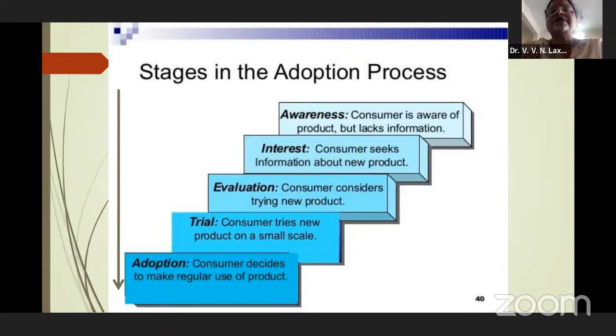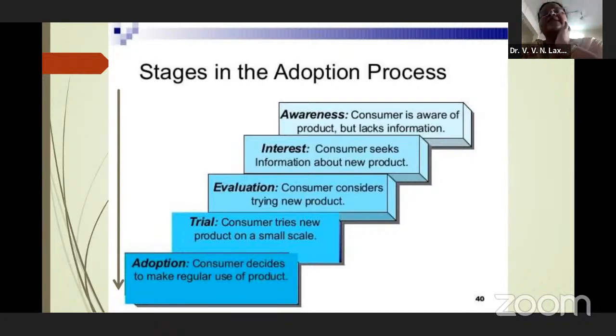After the evaluation, they first start with a trial. As part of the trial, they may buy the product completely, that is, the formal size or the normal size of it, or they may go for purchasing what you call trial packs.